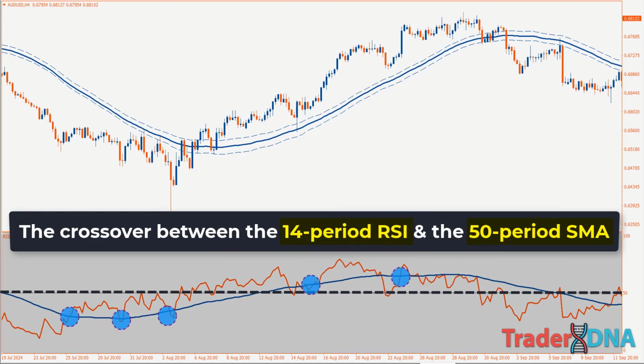On the other hand, if the 14 period RSI crosses from above to below the 50 period simple moving average, it indicates that a bearish trend is beginning. This method is straightforward, but can be a powerful tool for deciding when to open trading positions, especially when combined with other signals we've discussed earlier. Next, I'll show you how effective this strategy can be.